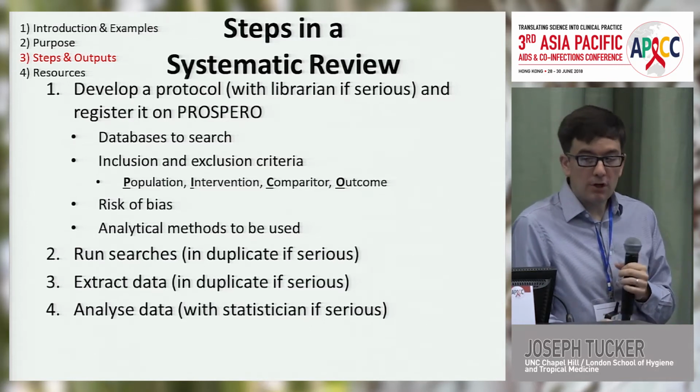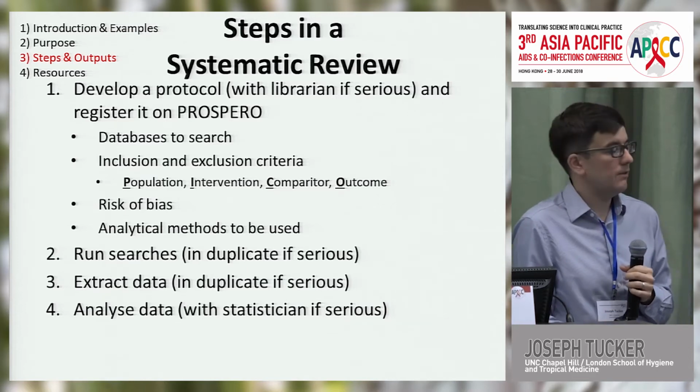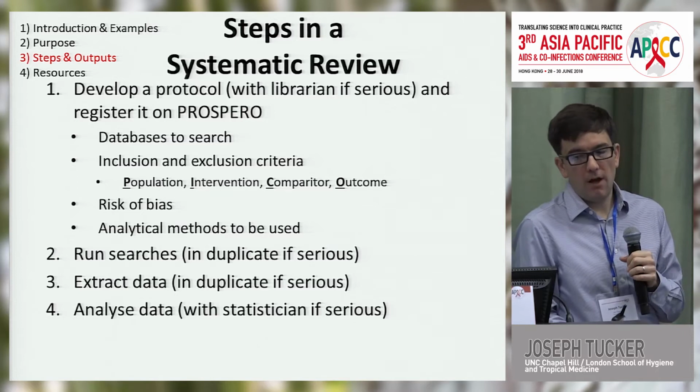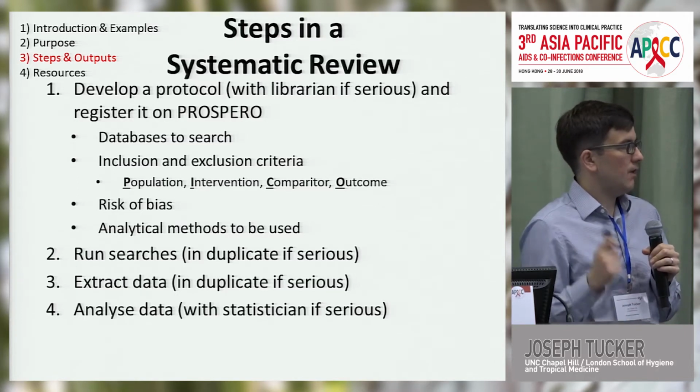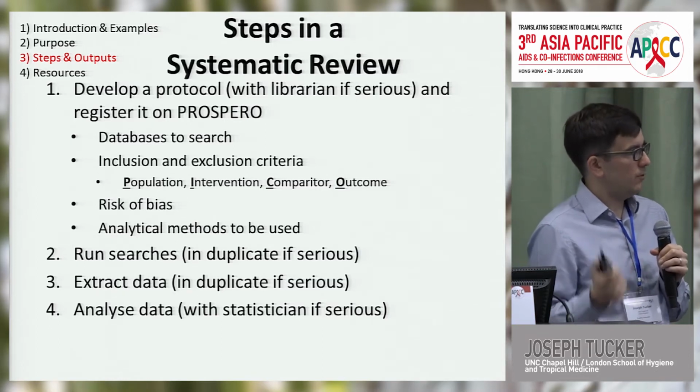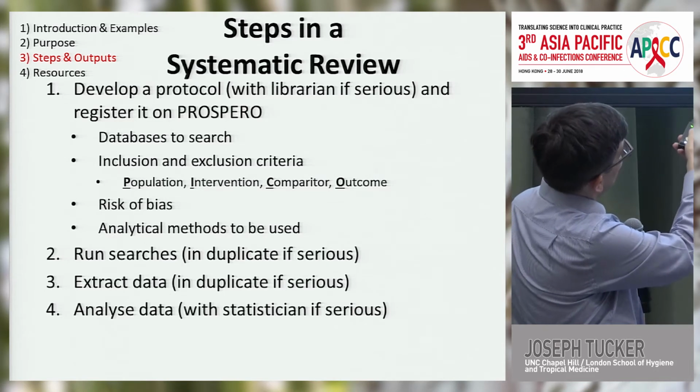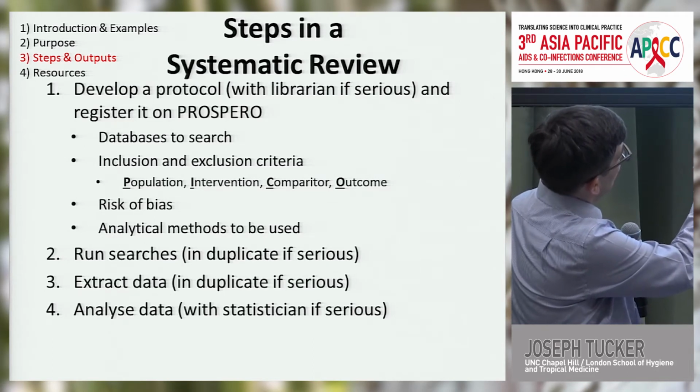And the protocol itself includes things like what are the databases that you'd like to search? What are your PICO questions? So PICO, you see this come up again and again in systematic reviews. PICO stands for population, intervention, comparator, and outcome.